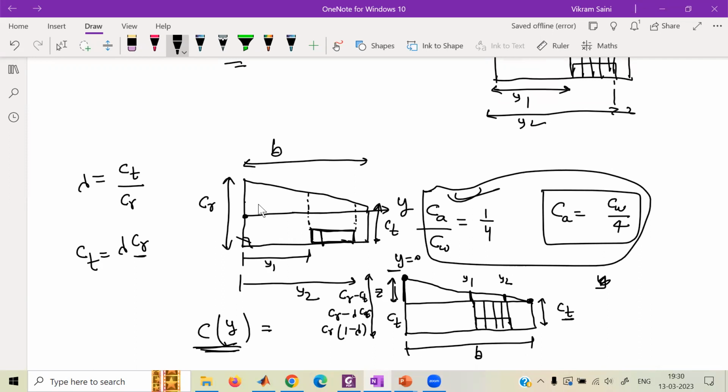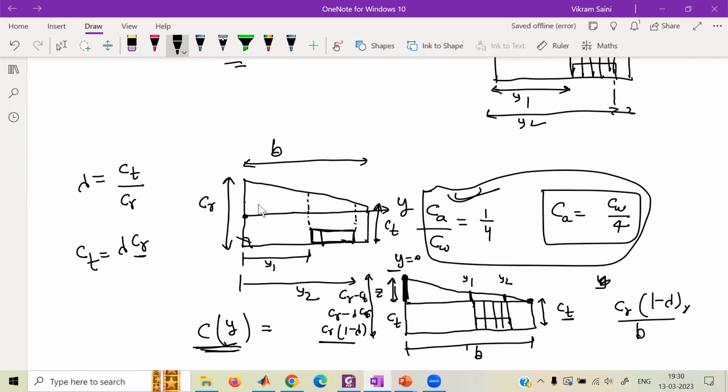You can find the lambda for the wing. So this initial length in terms of CR is CR(1 minus lambda). It goes from CR(1 minus lambda) to 0 in a length b. So what is the slope of this line? That is the slope of this line, right? Y over x.